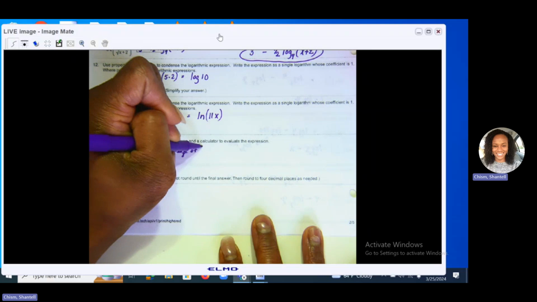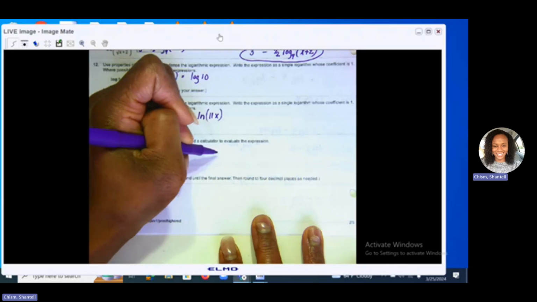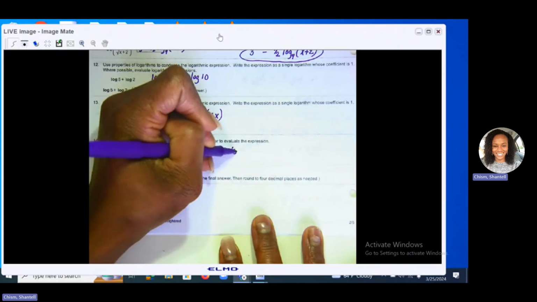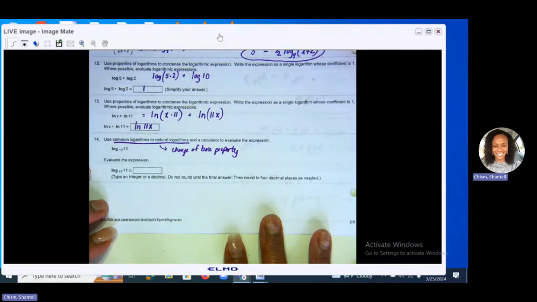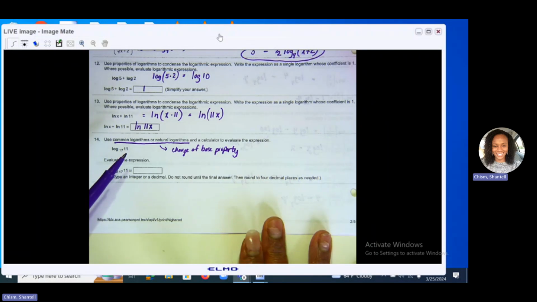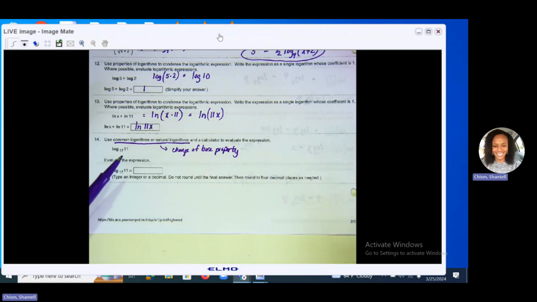The reason it's introducing the change of base property is because here you would need a calculator. There's no exponent that we can raise 17 to that gives us 11. 17 to what power gives us 11? There isn't one. So we would have to use the calculator here.